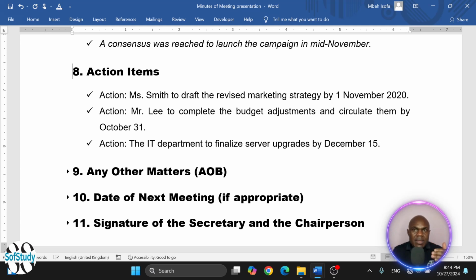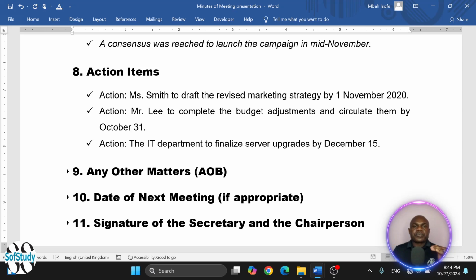Then the ninth component of our minutes will be any other matters. Here you have to include any additional points that were raised but were not part of the initial agenda. If an issue was raised that was not part of the initial agenda, you're going to capture it here.